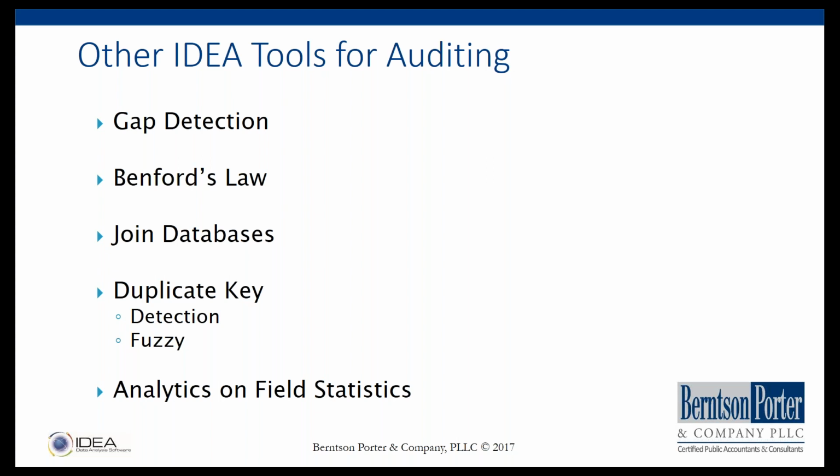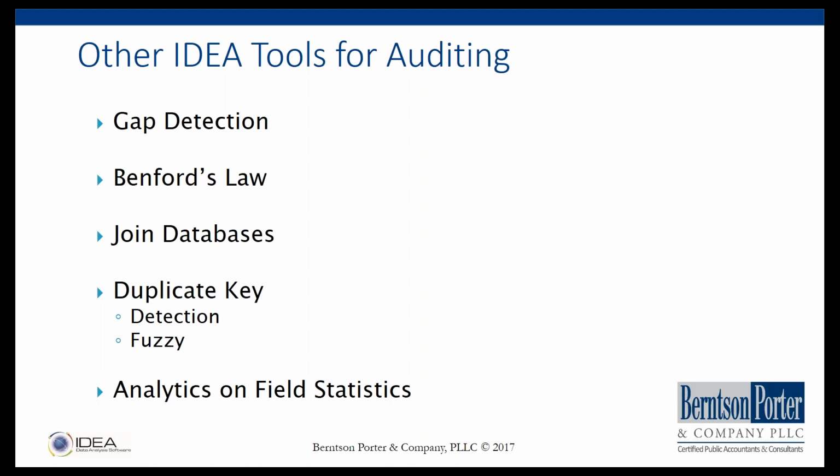And there's two types of detection that you can use with duplicate key. The first, the basic detection, just says, do these two things match identically? And very often that'll work if you're looking for a duplicate check on a listing of all disbursements. But the other one that's kind of new in IDEA 9 is the fuzzy logic detection, which basically says, are these two things really similar?